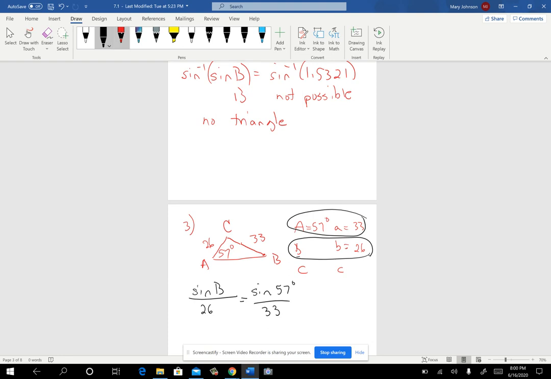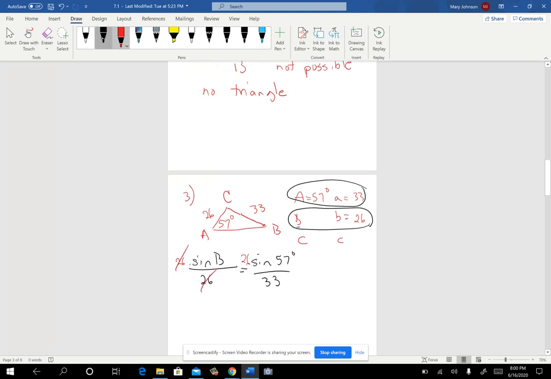So we'll multiply by 26 on both sides. You can simplify when possible, but you really don't need to take the time to do that. You can just type in 26 sine 57 and divide that by 33.